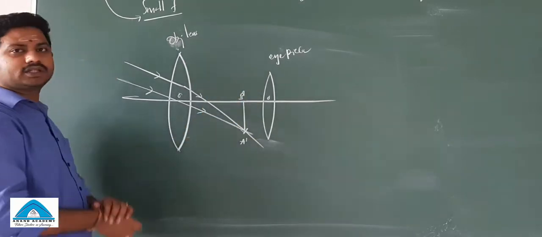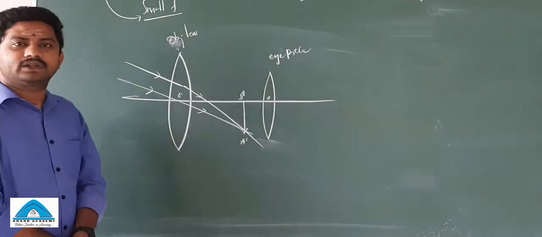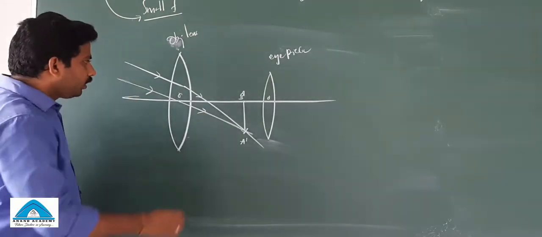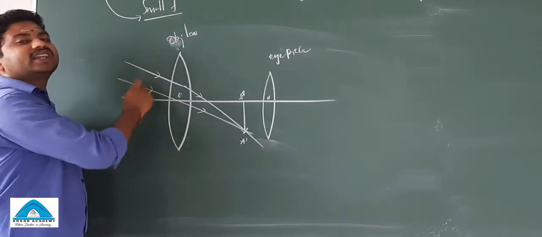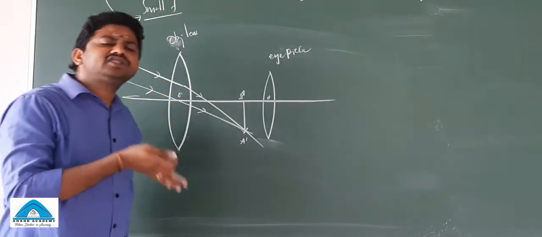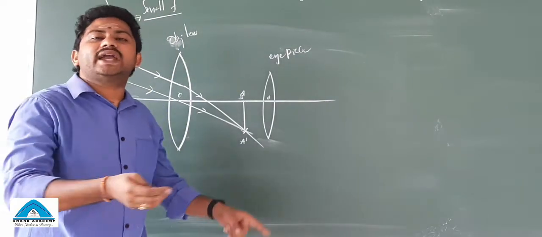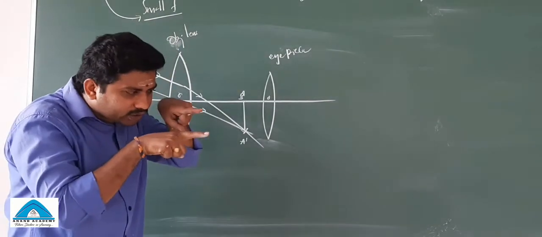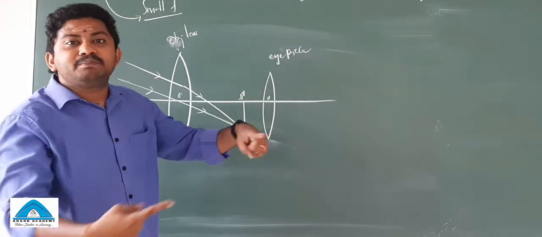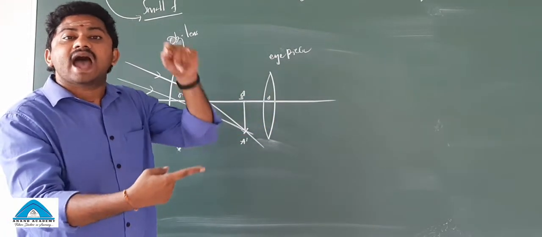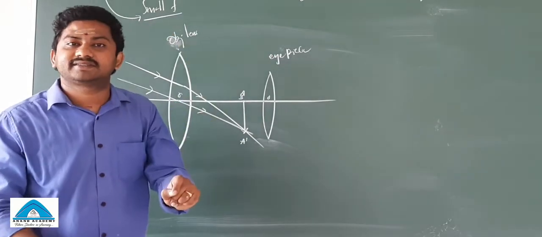So where is our object? Our object is at infinity. Now, two light rays are moving parallel to each other. It is the situation like two light rays moving parallel to each other and parallel to the principal axis, and they meet at the focus on the principal axis.